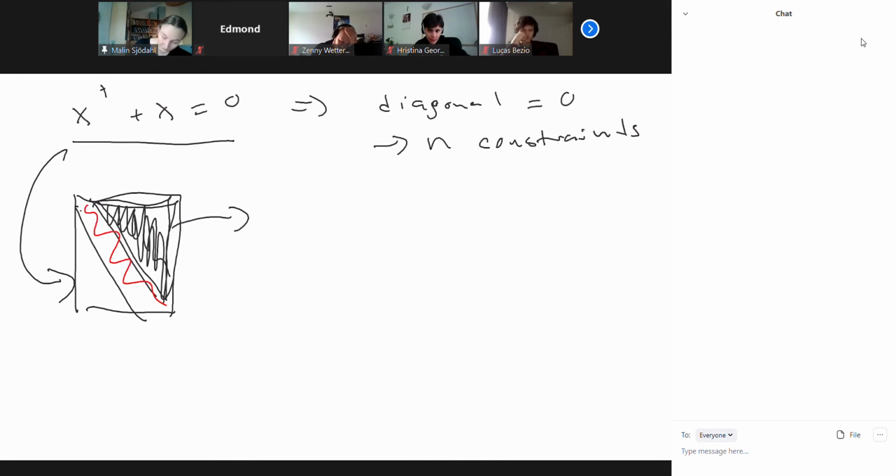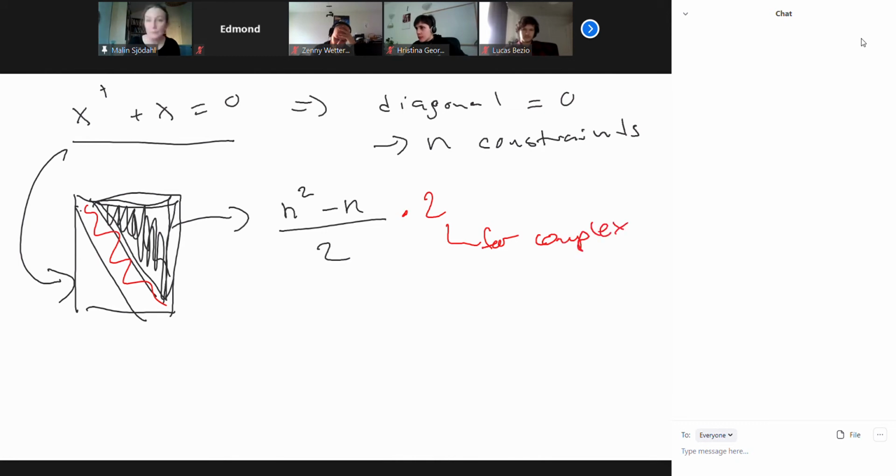So if we start with n squared elements, and then we subtract the diagonal, that is n, and then we divide that by 2, then we have the number of elements in this upper block here. And if we have complex matrices, then we multiply this with 2. So we have 2 degrees of freedom for each element above the diagonal, say here.